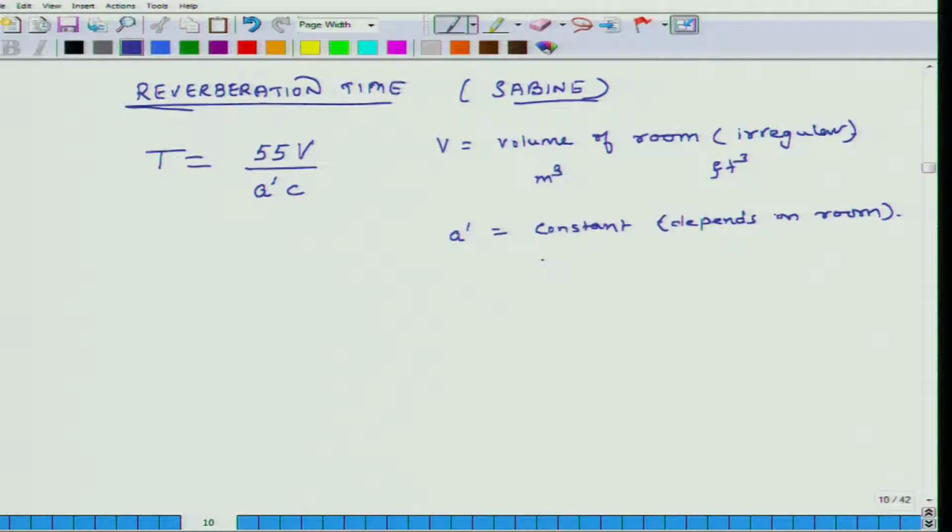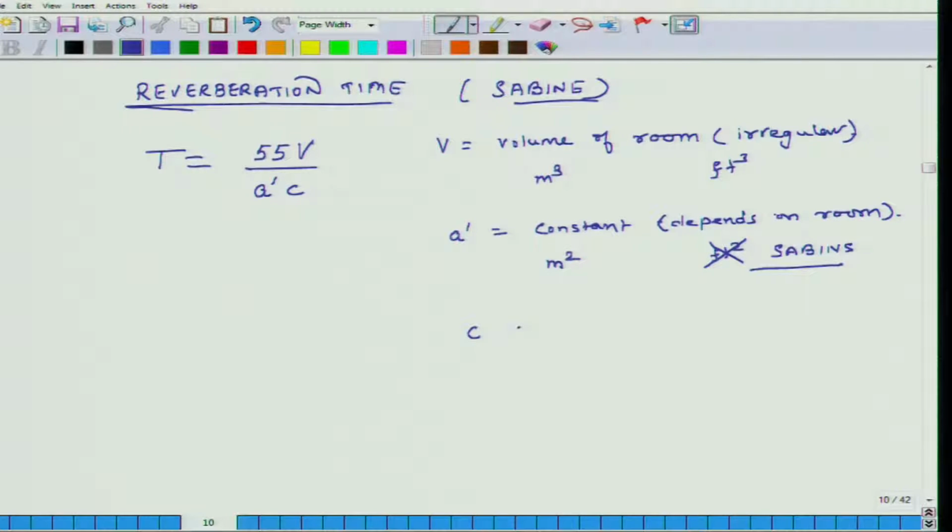The units are meter square, or feet square, but we don't use the term feet square, rather we call it Sabines, if I am in the feet system.